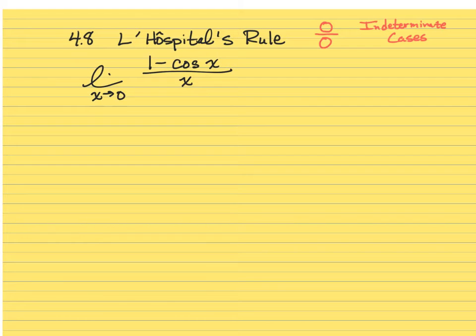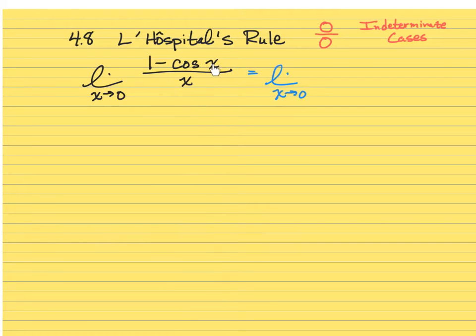L'Hopital's rule says this. It says that if I have an indeterminate case, 0 over 0, instead of evaluating the original limit, I can take the derivative of the top and the bottom. I'm not taking the derivative of that thing as a whole, because that would require a quotient rule, right?